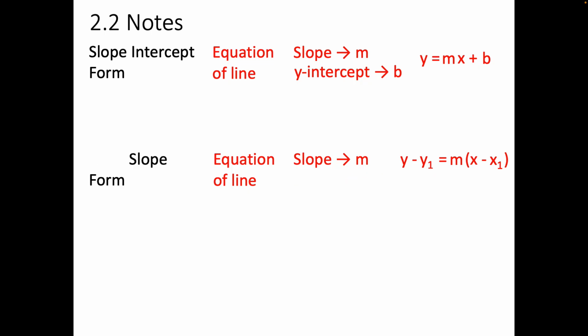So we can use the point-slope form if we have a point on the line, which we'll call x1, y1, and a slope, m. Then we just use the equation y minus y1 equals m times x minus x1. And that equation will be the equation of a line with the point x1, y1 and the slope of m.